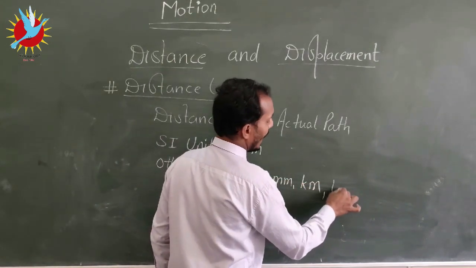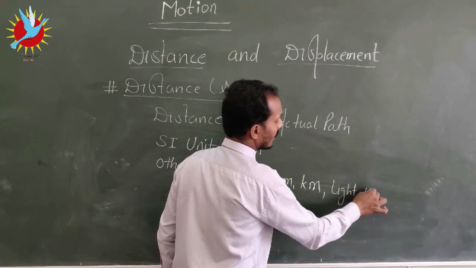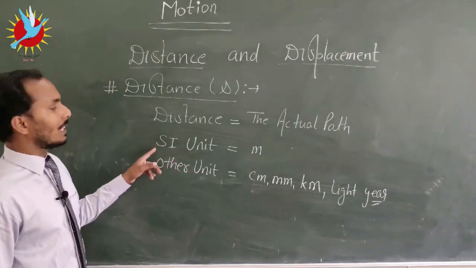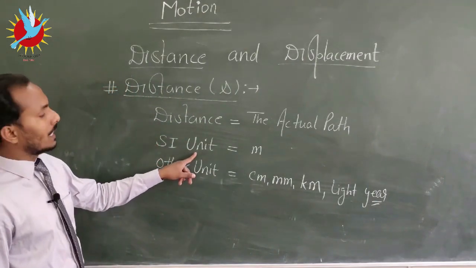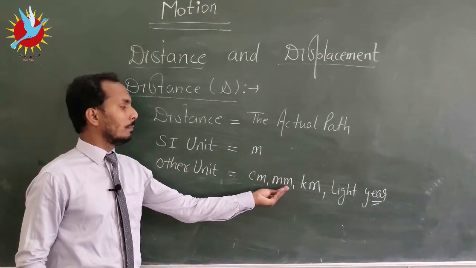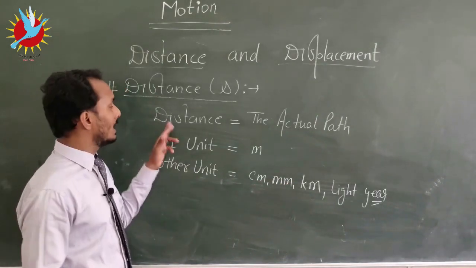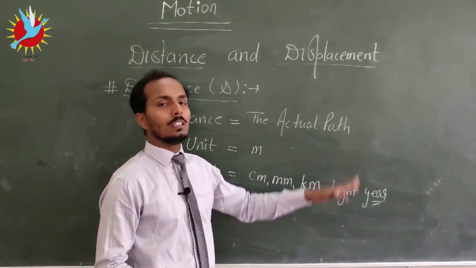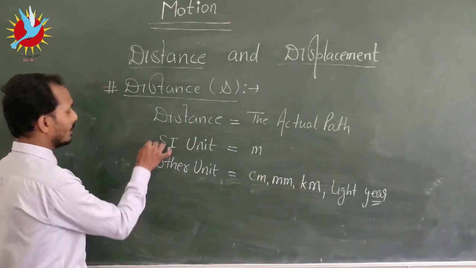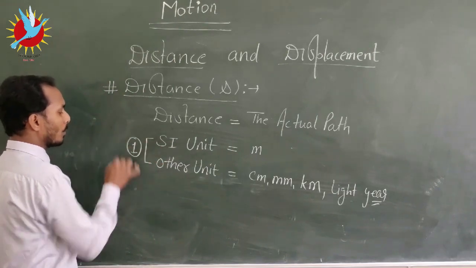And light year is also a unit of distance, but the SI unit of distance is meter, and the other units are centimeter, millimeter, kilometer. What is distance? Distance means the actual path covered by the body. And this is the first point.